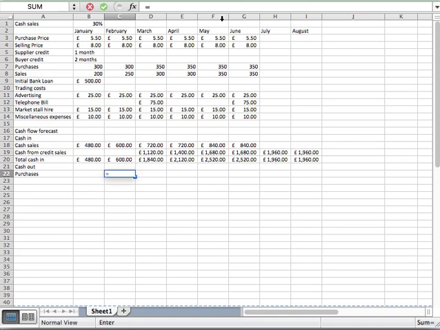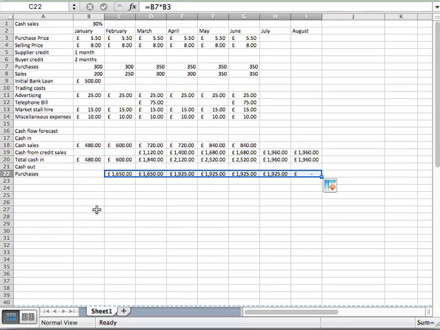So this cell equals the number of purchases in January multiplied by the purchase price. It's as simple as that. And we copied that across to August because we have no figures for July and we're on 1 month's credit purchases. It shows up as 0 in August, which is fine. We can just leave that.